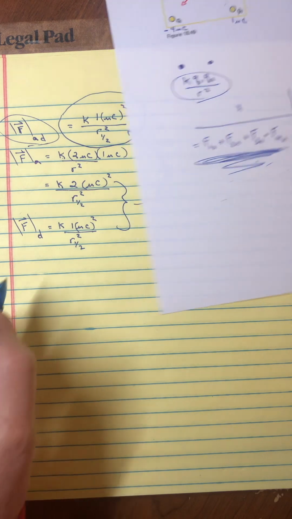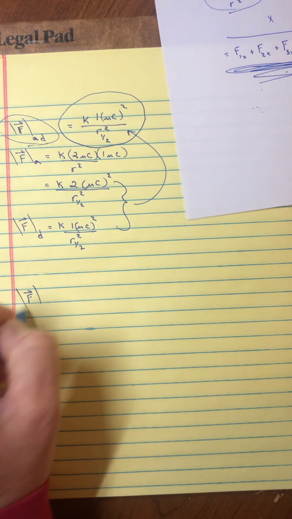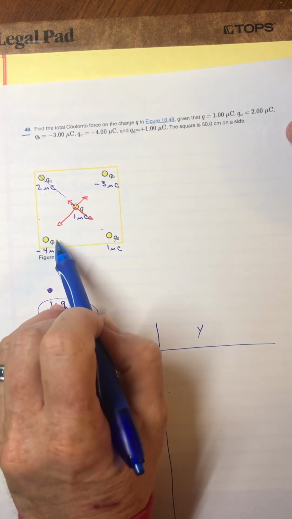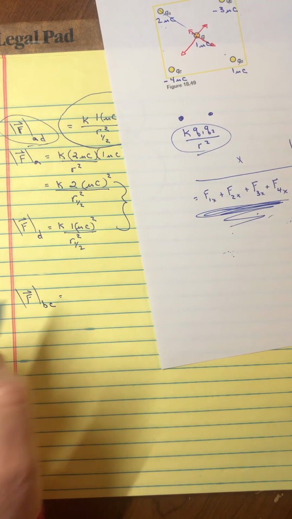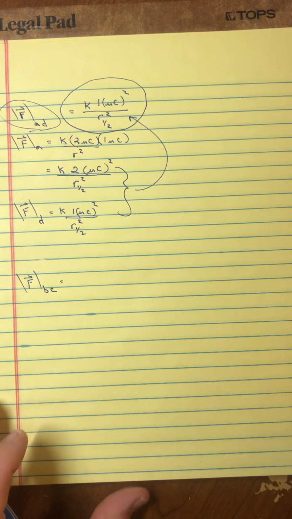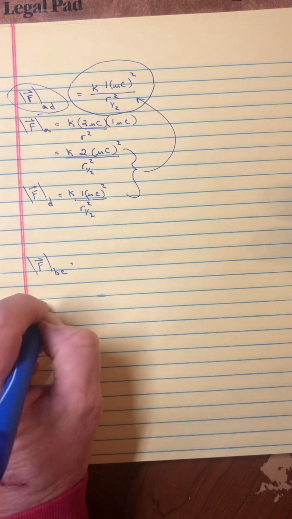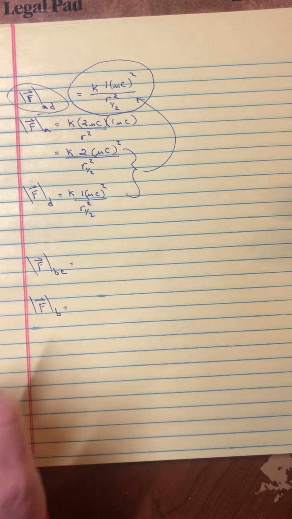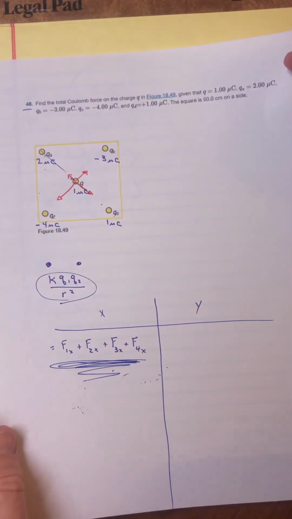And let's do that same logic with the magnitude of the force from B and C. So B, C. And again, that same logic here. What is the magnitude of the force from B? And again, it's going to be Coulomb's constant.